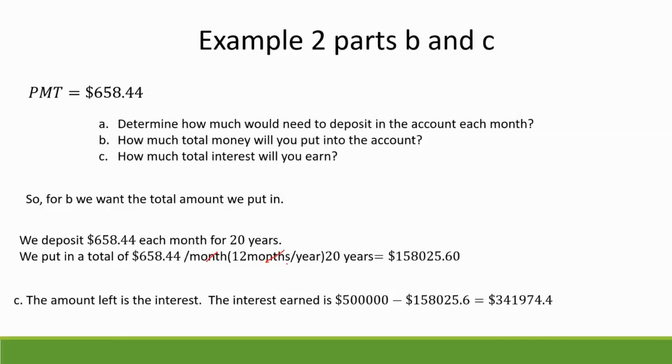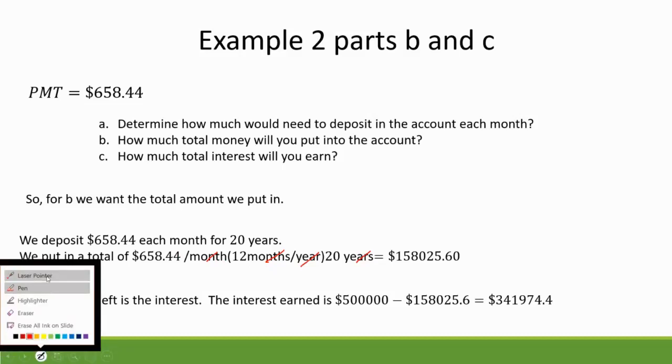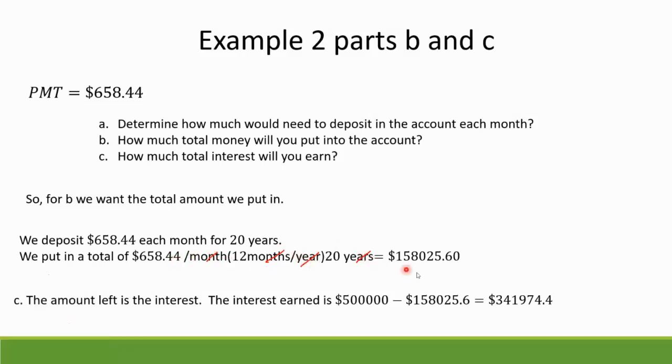Even though months is plural, month here is not. It's singular, but they still cancel. 12 months per year times 20 years. So these units cancel. And so we end up with $658.44 times 12 times 20, which is equal to this. This is how much we put into the account.